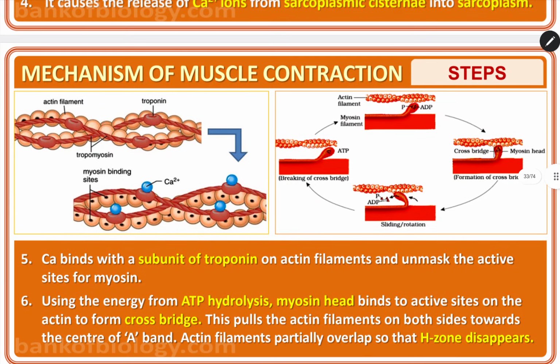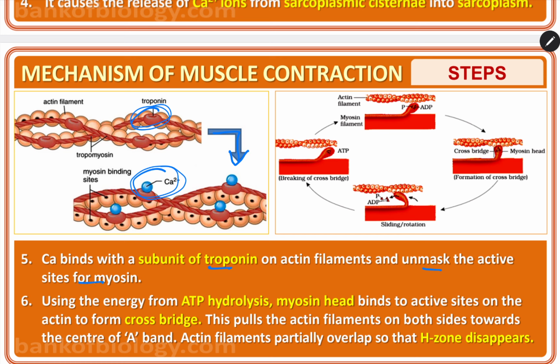Then calcium binds with a subunit of troponin on the actin filaments and unmasks the active site for myosin. Here you can see the troponin, and when calcium is released, it binds with the subunit of troponin and unmasks the active site for myosin.